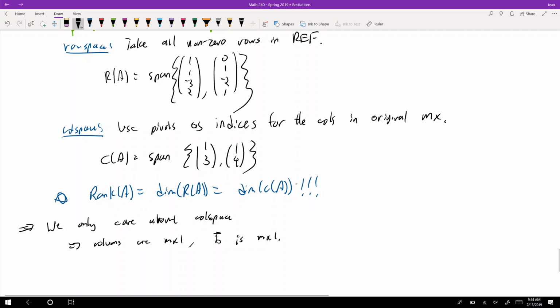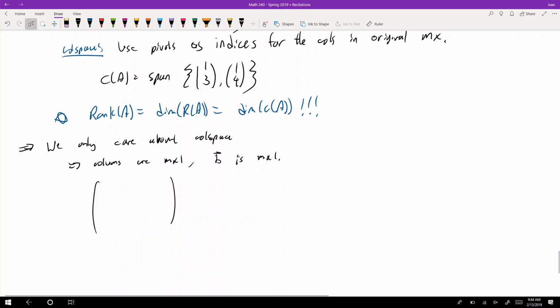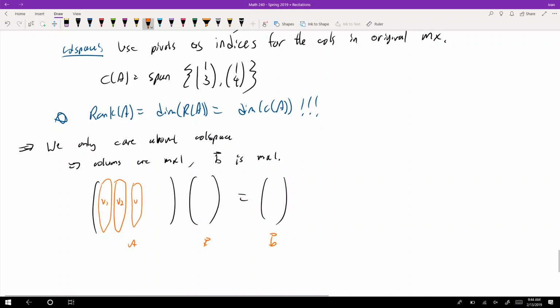Okay, so now if we do another sketch, here's A, here's X, and here's B. Notice, if I just care about the columns of A, v1, v2, v3, vn, assuming A is n by n, so there's going to be n columns.